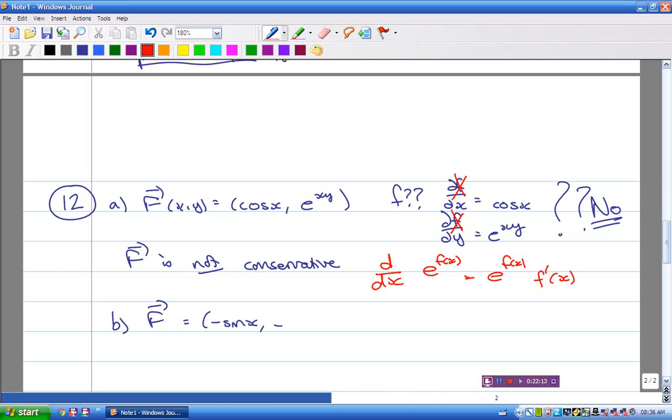We could think of a little f that gave us an x derivative of cos x that did not conflict with our y derivative. But we cannot think of a little f that gives us our y derivative that does not conflict with our x derivative. Does that make sense?